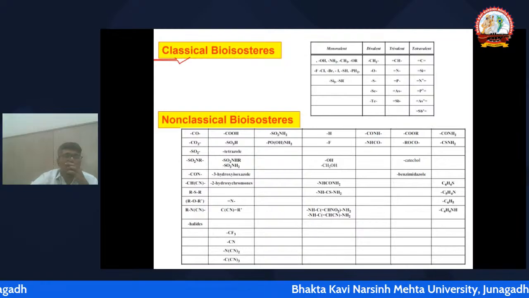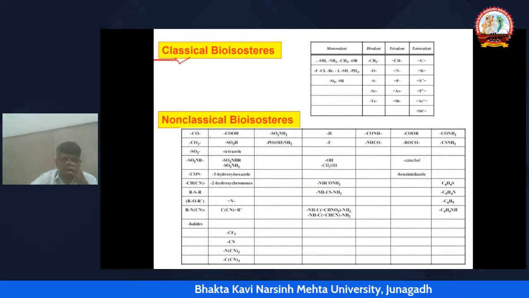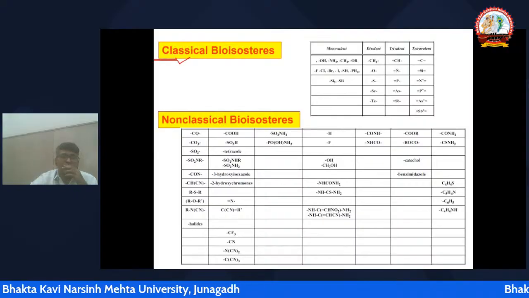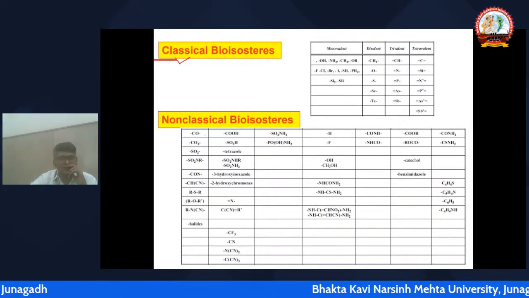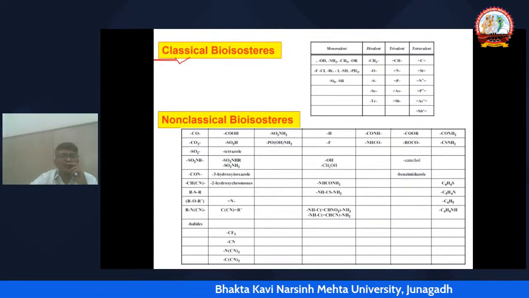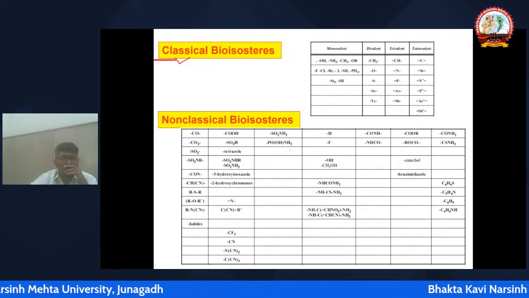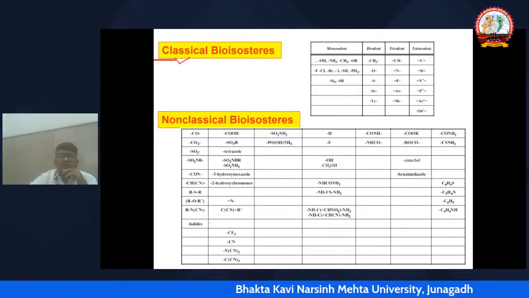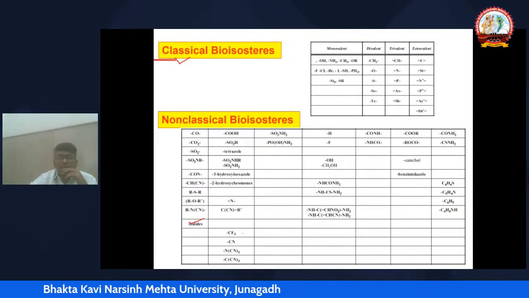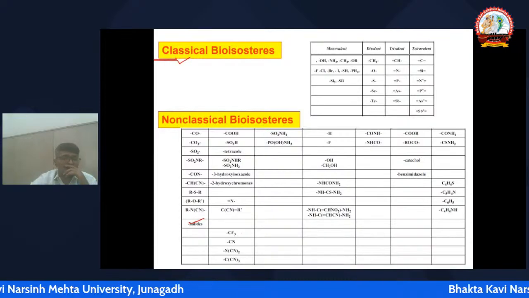Now, non-classical bioisosteres, regardless of their electronic configuration, can be changed to other functional groups. A CO group can be changed to a carboxylic acid, sulfonamide, hydroxamic acid, ester or amide group. Similarly, if we have a halogen, it can be converted into CF3, CN or dicyanoamine.